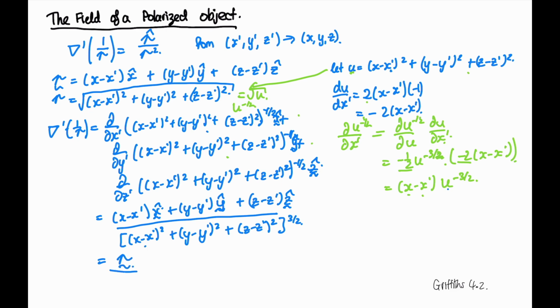And on the bottom, we've got this, except that it's to the power of 3, so we've got curly r cubed. So we can write this as r hat divided by r squared. And so that's a substitution that we're going to need to make in our derivation.